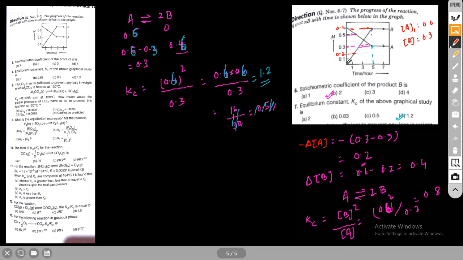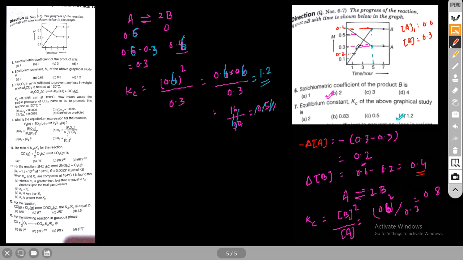Initial concentration of B is 0, right? Since we have to find the change in concentration of B, we require the concentration of B at any two points. One point is this and another point is this, where equilibrium has been established. So the change in concentration of B is what? 0.6 minus 0.2, that is 0.4.